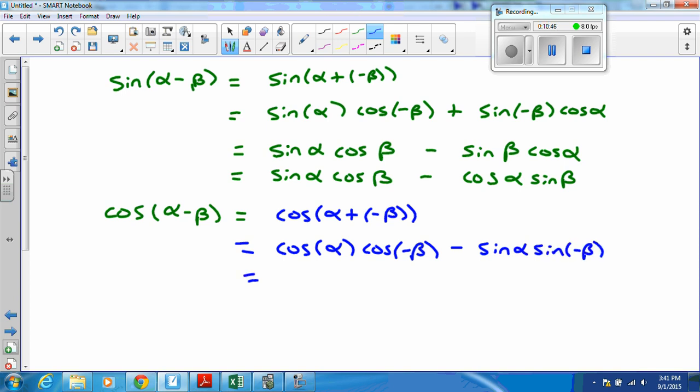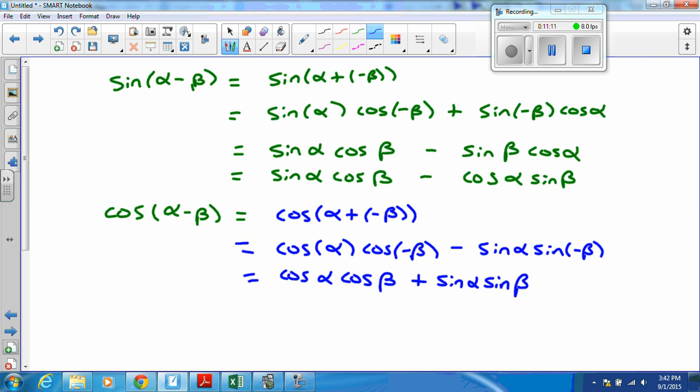And again, appealing to the even and odd properties of cosine and sine, we get this result right here. And there's our angle subtraction identity. So, it's pretty nice. One diagram effectively gives us four things.